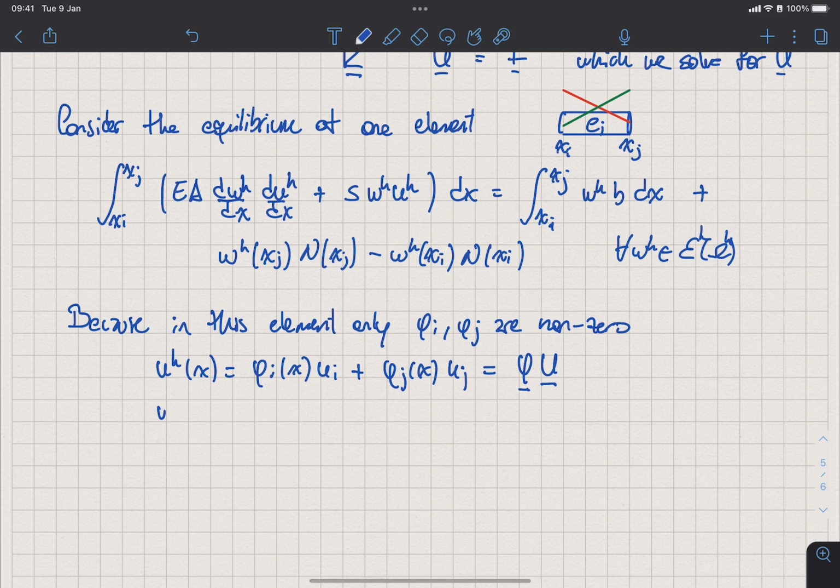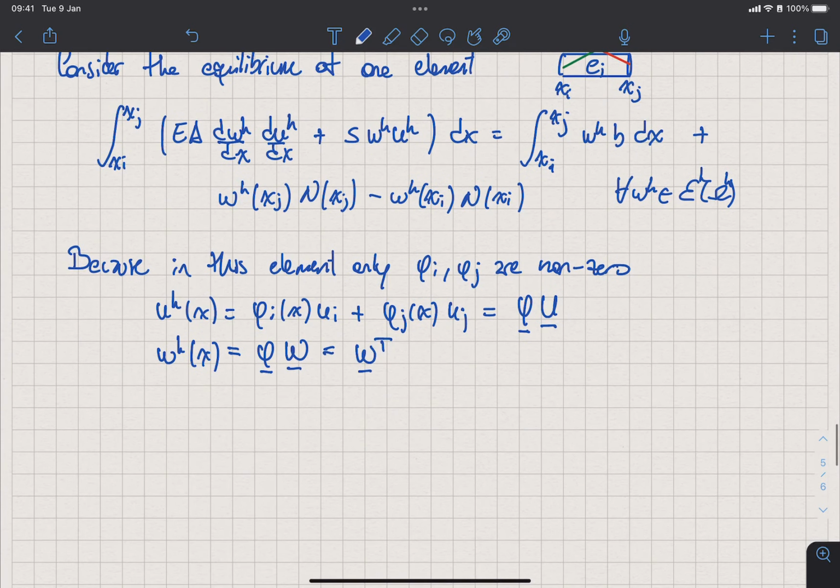And then, of course, my weight function can be written in the same way, using uppercase W, which is the same as having W transpose and then phi transpose.